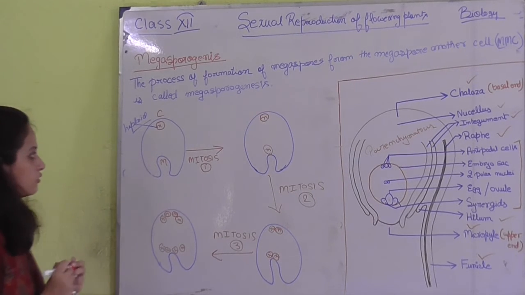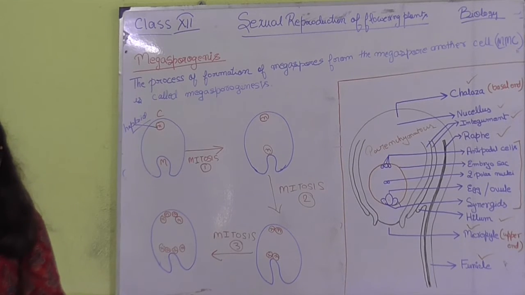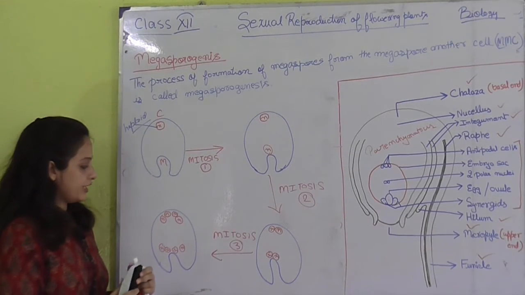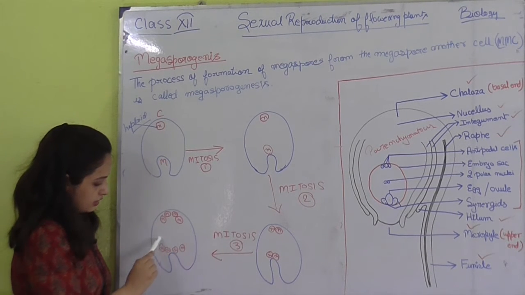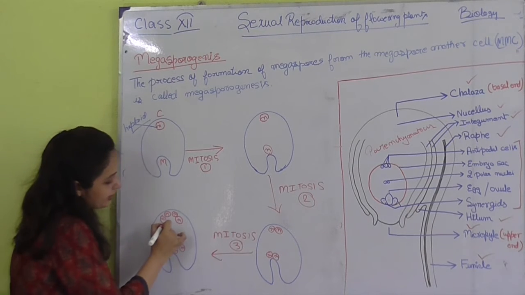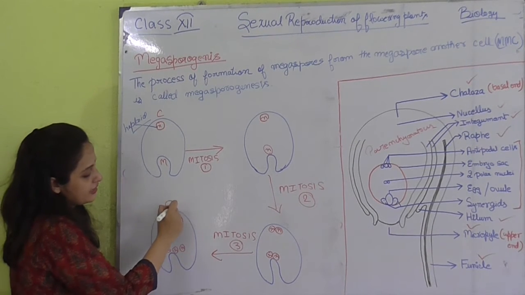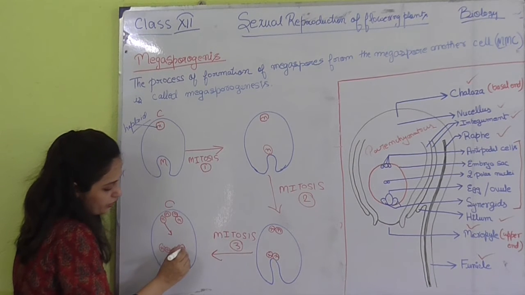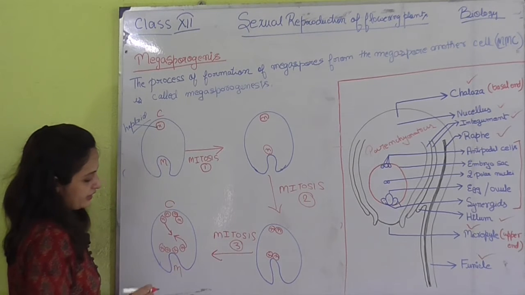Okay. So what happens after this? Oh, by the way, I have forgotten to tell one thing. From all the nuclei present here, one of the nuclei will come to the middle part from the topmost part, that is from the chalazal end, and one of the nuclei will come again to the middle part from the micropylar end.